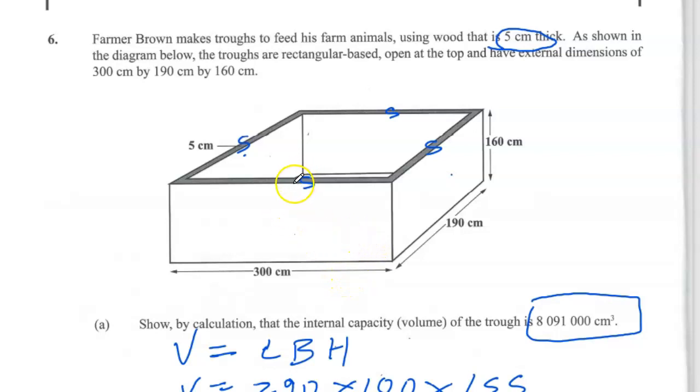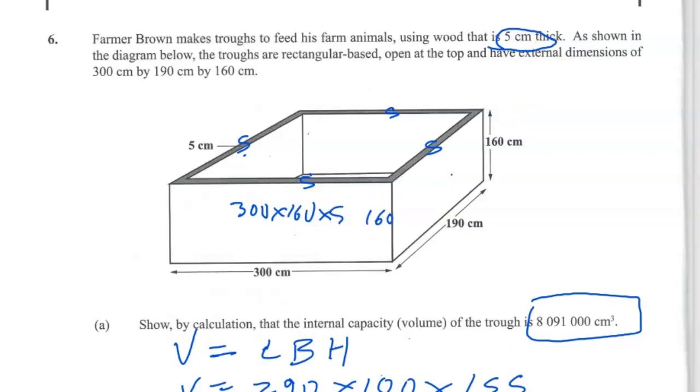Now for this face, of course, this is 300. So of course, this is length times breadth times height. So for this face, the length times breadth times height would be 300 times 160 times 5.